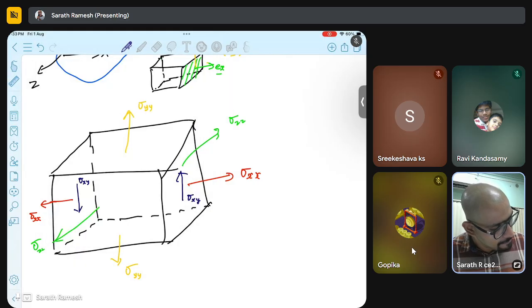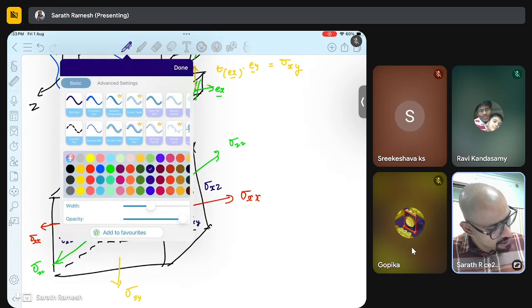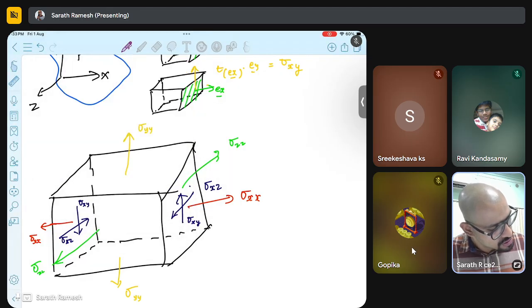That is sigma xz. This is sigma x in the z direction. Similarly, let's go with the y plane. Here, this is a y plane. So here, this is sigma yx, and similarly sigma yz.